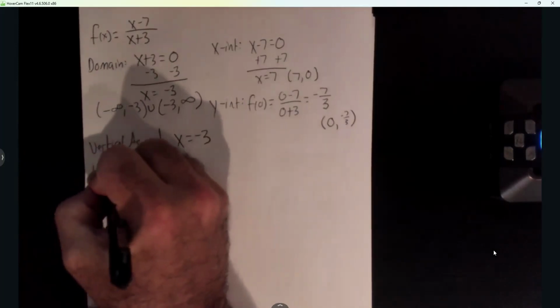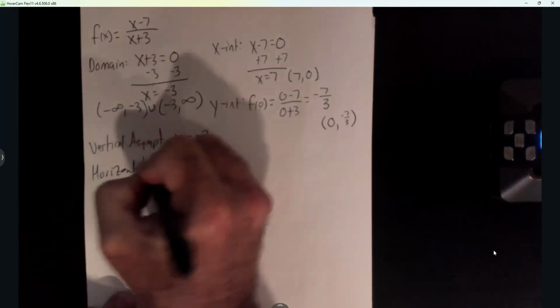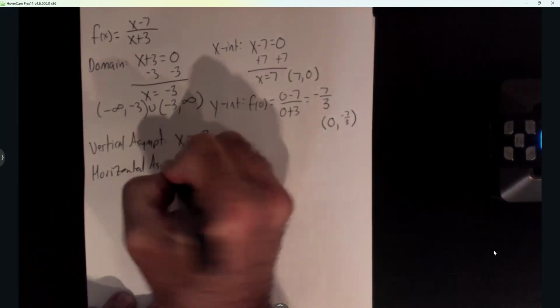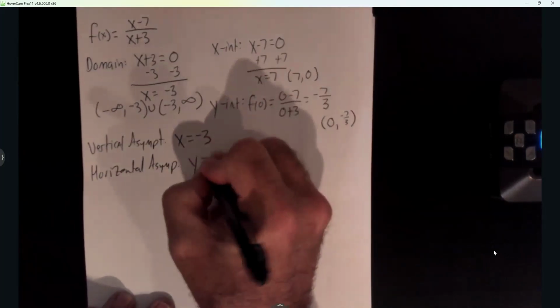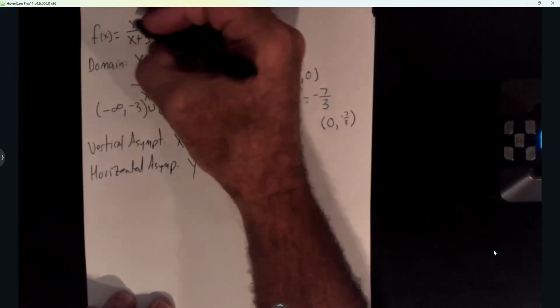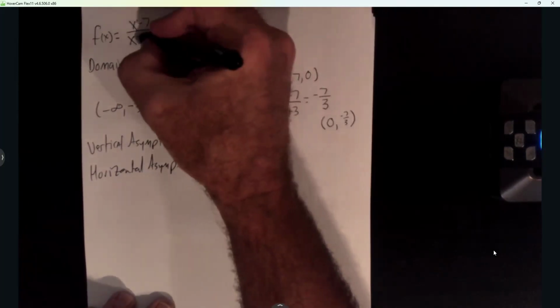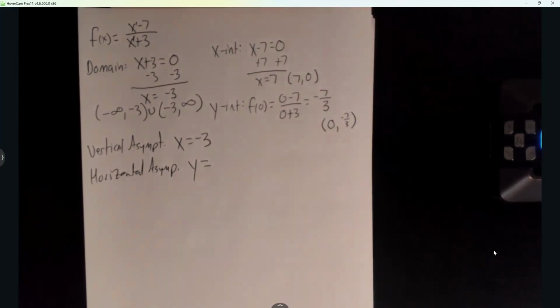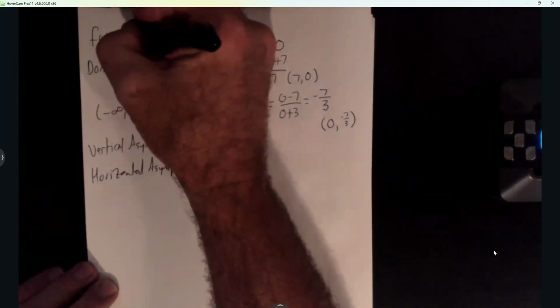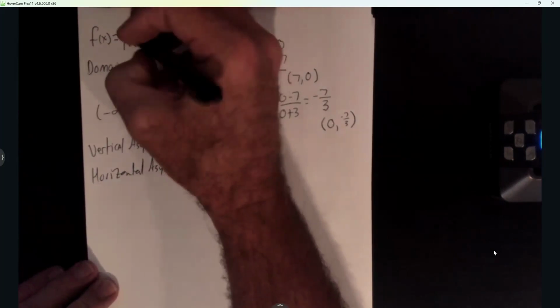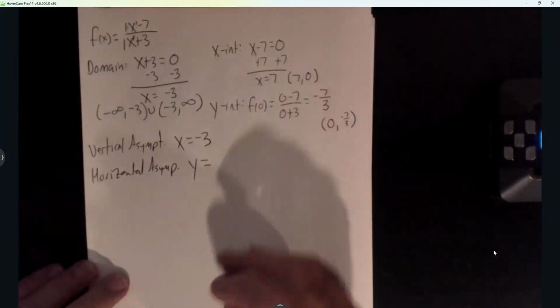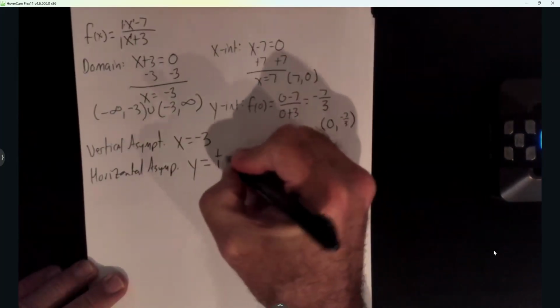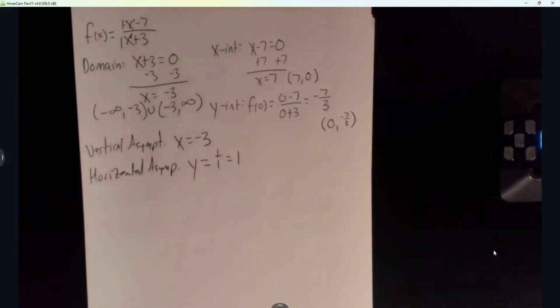Horizontal asymptote would be y equals, well, y'all got a degree 1 on top, degree 1 on bottom. So once again, the degrees are equal. So I'm looking at the numbers in front of the x's, which are ones, since there's no number there. So it's going to be 1 divided by 1 again, which is 1. Okay?